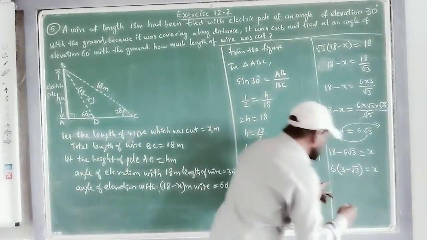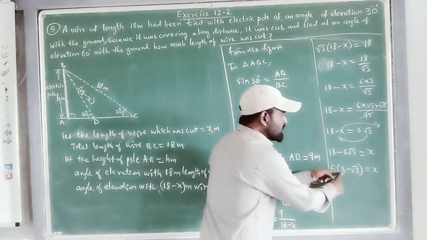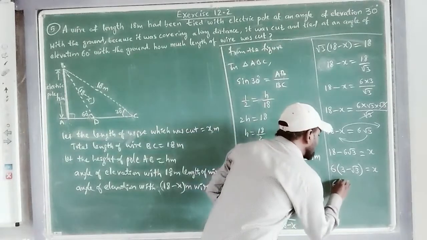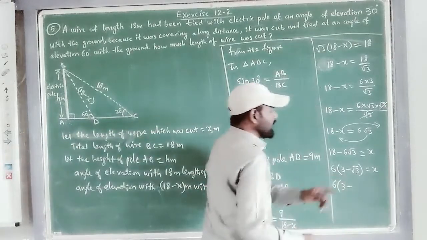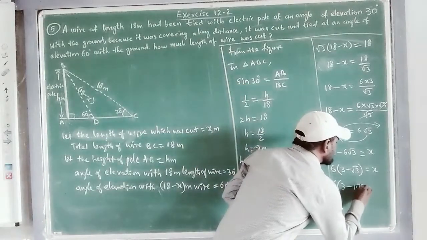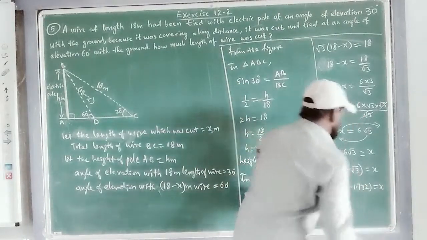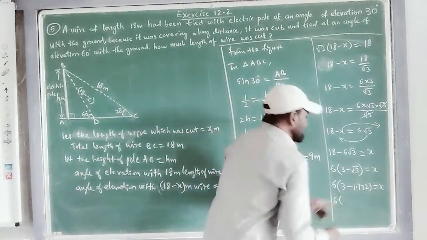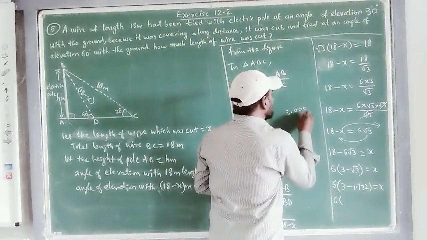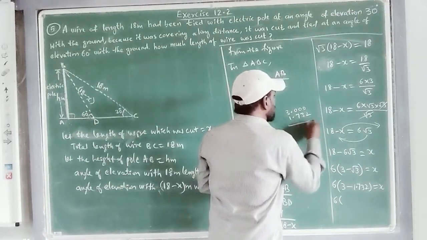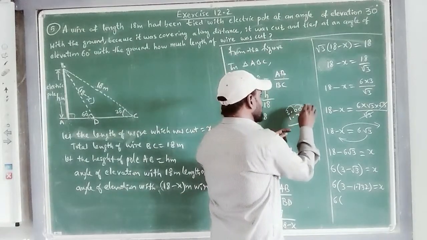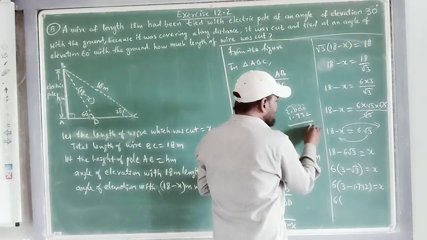Okay. Now see here, this 3 again we could write as root 3 into root 3, but instead of that, directly I am substituting the value of root 3, that is 1.732. So 6 into (3 minus 1.732) is equal to x. Now subtracting it, taking a borrow here, 10 minus 2 is 8.